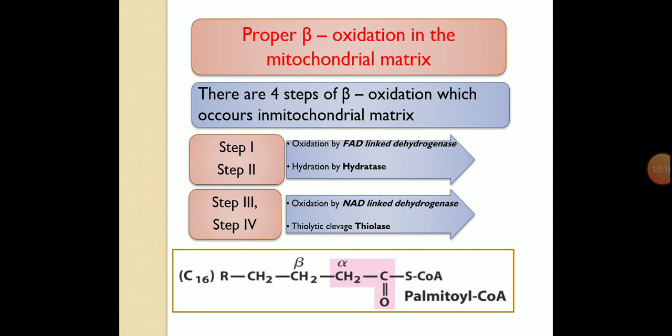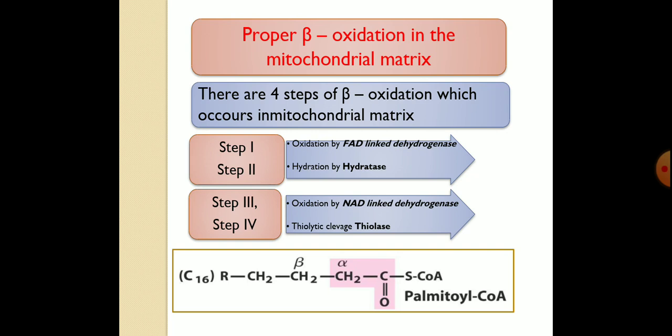Now proper beta oxidation is carried out in mitochondrial matrix. There are 4 steps of beta oxidation which occur in mitochondrial matrix. Step 1 is oxidation by FAD linked dehydrogenase.